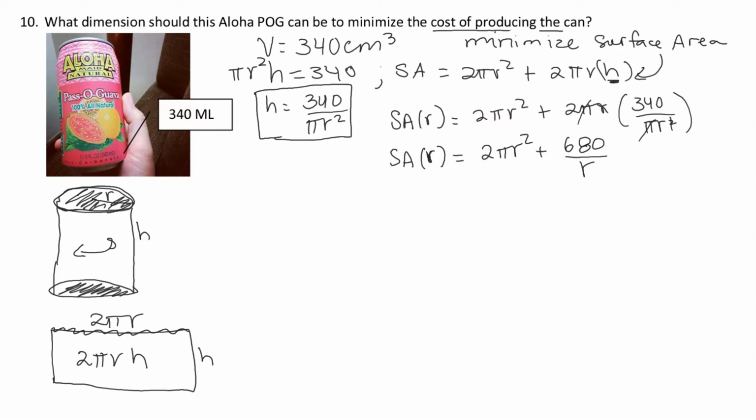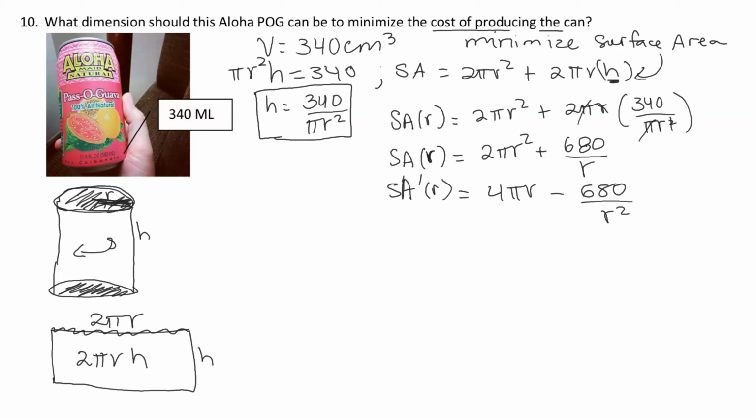In order to minimize, we need to first find the critical points. To find a critical point, I need to take the derivative. That would be 4 pi R minus 680 divided by R squared. The derivative is undefined when R is 0, but R cannot be 0 because that's the radius.